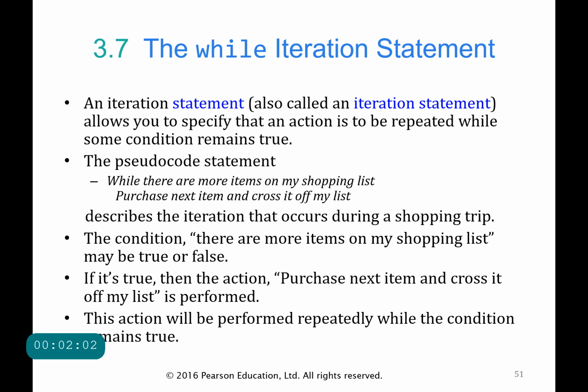It checks whether a condition is true, and if it is true, it repeats the statements in the body of the while statement. And as soon as the condition of the while statement becomes false, it stops the repetition and goes to the next statement in the program.